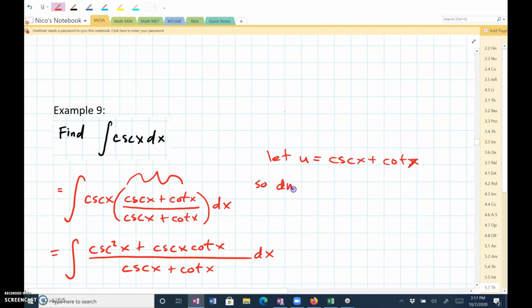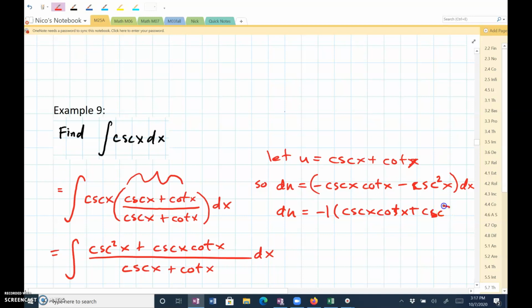So the derivative of u is going to equal negative cosecant x cotangent x minus cosecant squared of x dx. And here we can factor out a negative 1, leaving me with cosecant x cotangent x plus cosecant squared x dx.